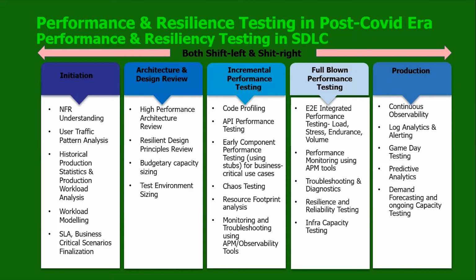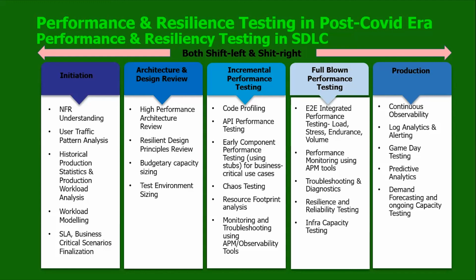And then on production, which is the shift right perspective, you can think about continuous observability in terms of real user monitoring and synthetic monitoring. And you have to be more proactive to resolve those performance issues even before they actually affect your end user, right? So try to be more proactive.